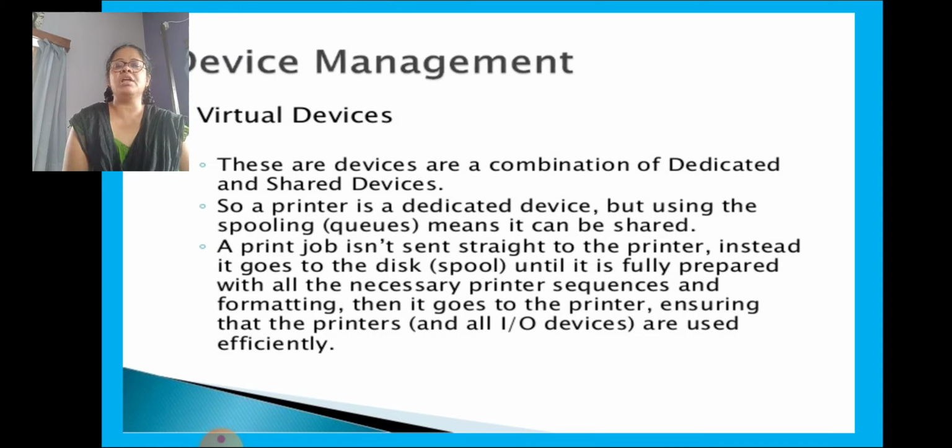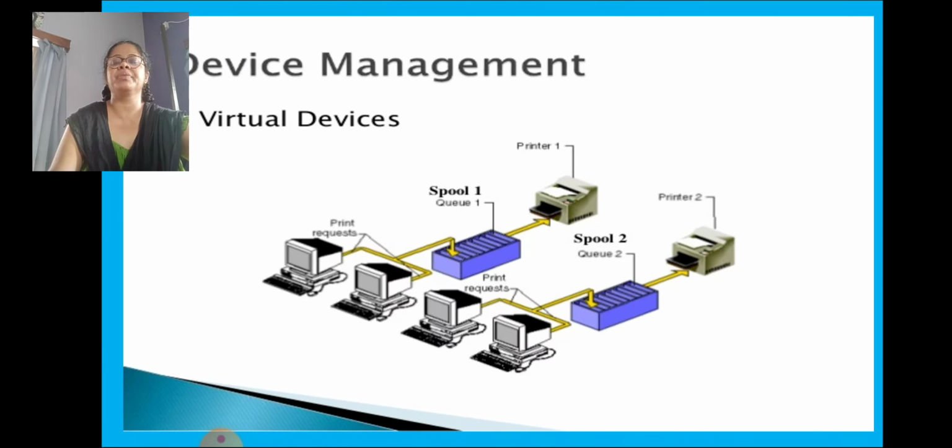It is fully prepared with all the necessary printer sequences and formatting. Then it goes to the printer, ensuring that the printer is used efficiently. Printers and all I/O devices can be made virtual devices and used in shared mode.